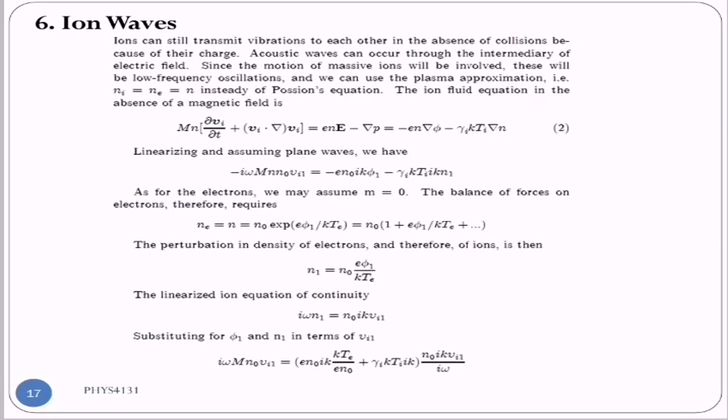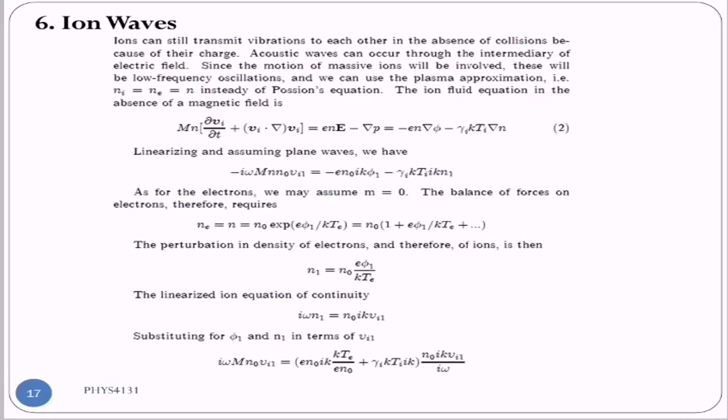Since the motion of massive ions will be involved, these will be low frequency waves, and we can use the plasma approximation, that is, ion density will be equal to electron density, which is equal to the overall density. Instead of Poisson's equation, we use n equal to ni equal to ne.